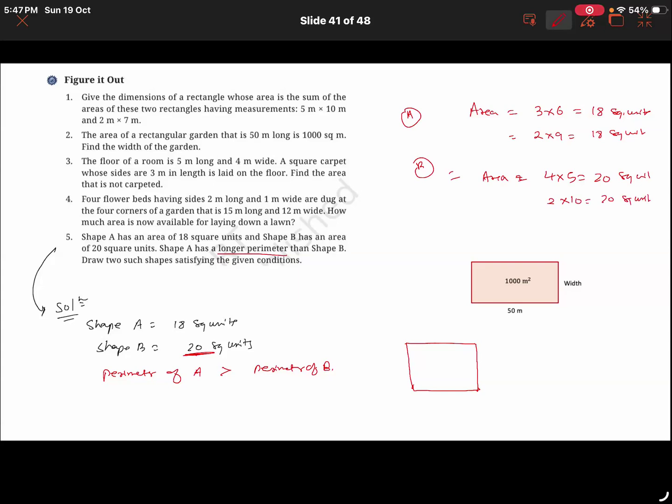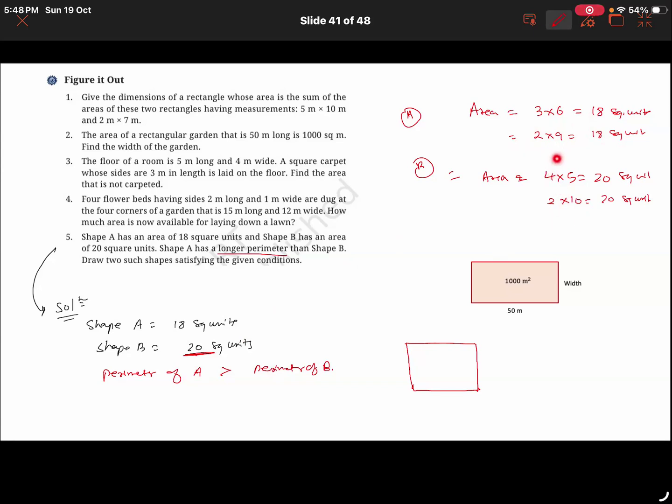So we have some possibilities: for A, length 6 and breadth 3, or length 9 and breadth 2. For B, length 5 and breadth 4, or length 10 and breadth 2. Also, we need to take care that the perimeter of A has to be greater than the perimeter of B, right?